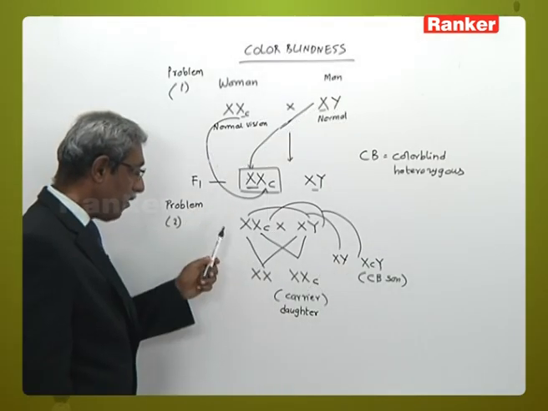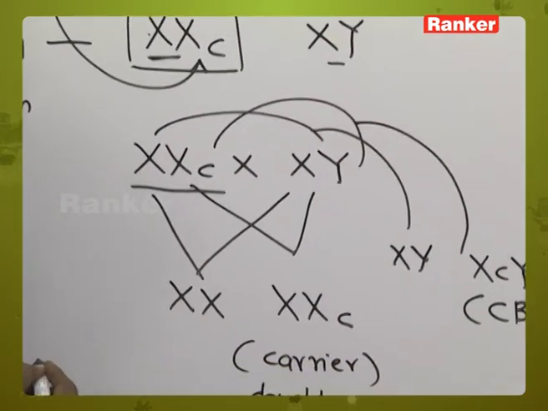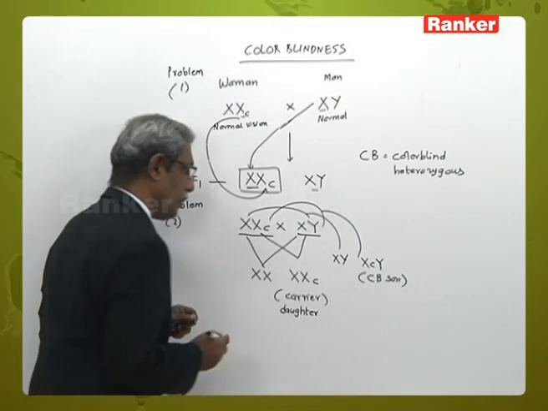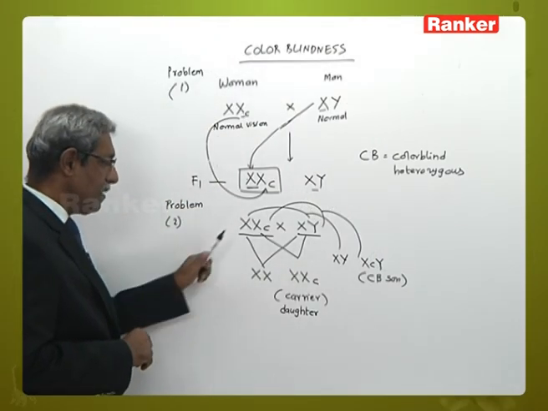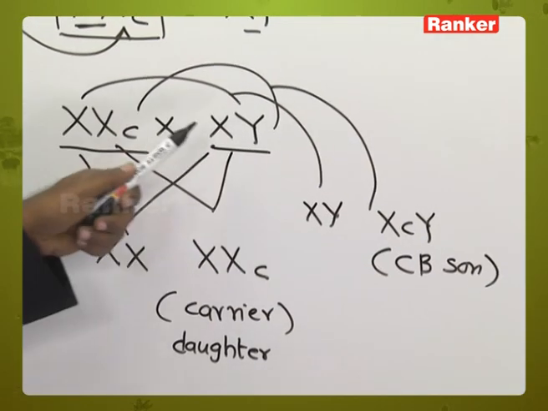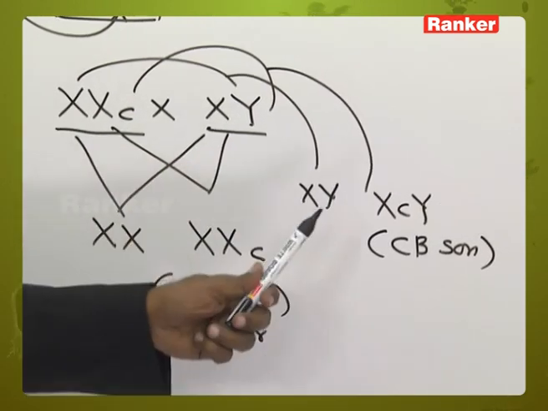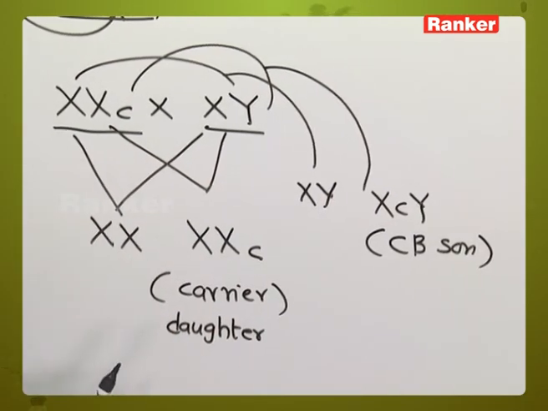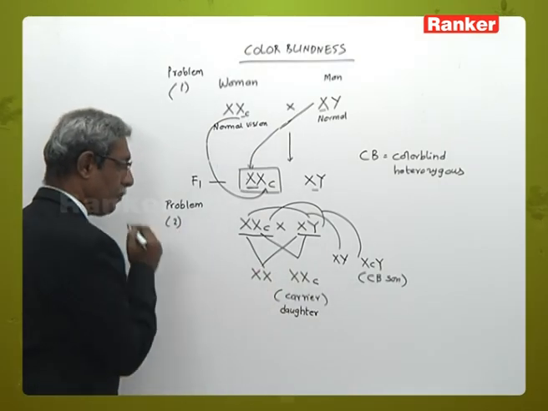Many times in the offspring we have an XXC, that is a daughter, or the son, which is XY. In another situation, supposing a woman is color blind and she marries a normal person who is XY, what could be the offspring, who could be the carriers, and where is the color blind gene? This is the second set of problems.